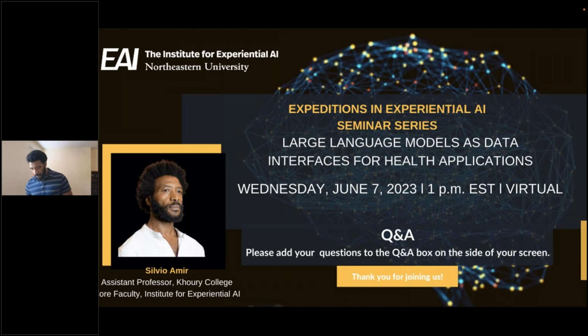On the topic of trust, I think that by themselves these models are prone to make factual errors. They can hallucinate, and so in order to build trust, we need to make sure that if the model is generating information about a patient based on their clinical notes, we would like to be able to link back to the evidence of those assertions.